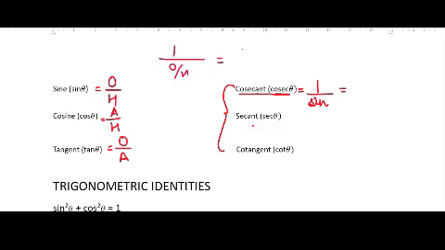What happens? H goes up, so it becomes h upon O. So even your cosecant is hypotenuse upon opposite. So what is secant? By this very logic, secant is h upon a. And what is cotangent? It is a upon O.